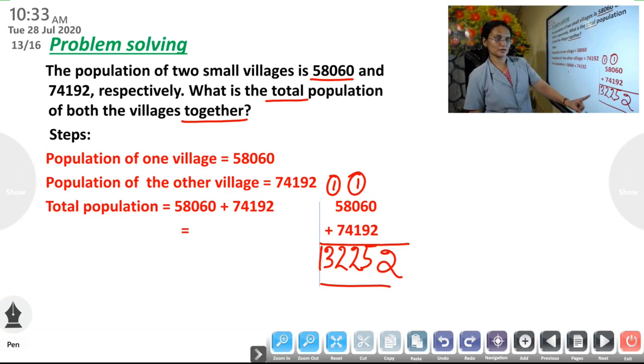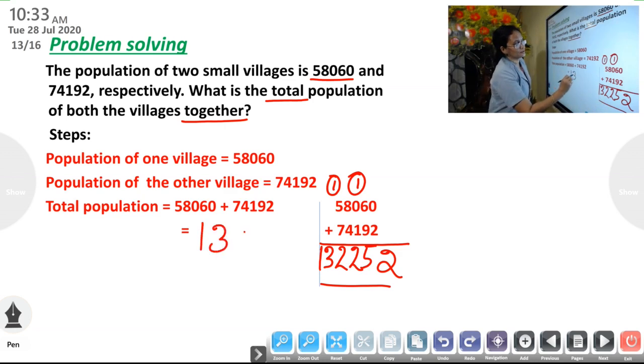How will you read this number? It is 13 lakh. No, it is 1 lakh. How many digits are there in the answer? Only 6 digits. So it is 1,32,252.